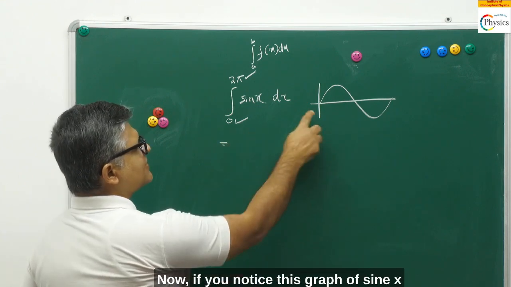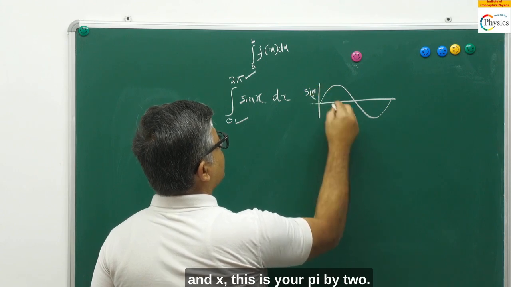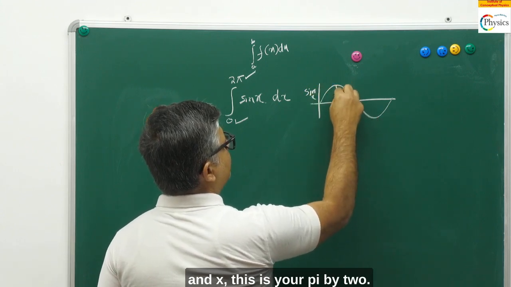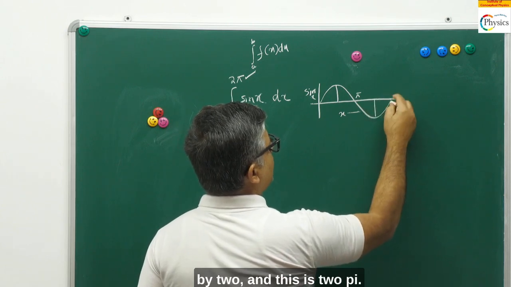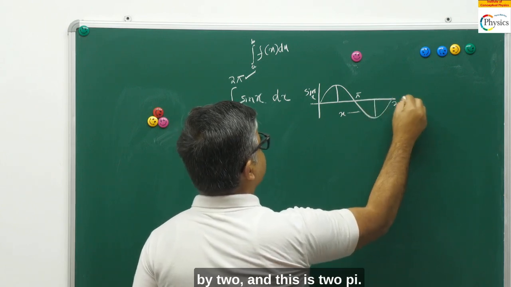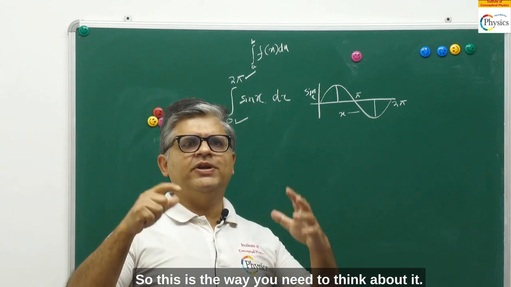Now, if you notice this graph of sine x, this is your pi by 2, this is your pi, this is 3 pi by 2, and this is 2 pi. So this is the way you need to think about it.